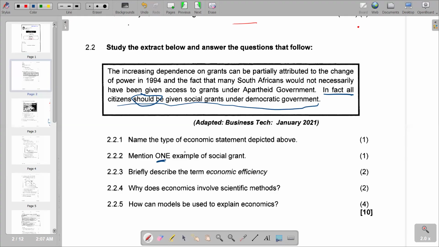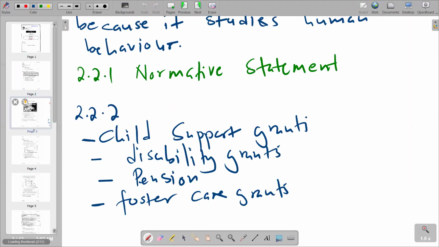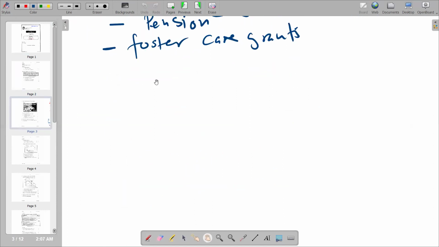So basically, that's what we have, and we can now put it down in the answer section as an explanation or description of economic efficiency. So we come here. We are saying 2.2.3.